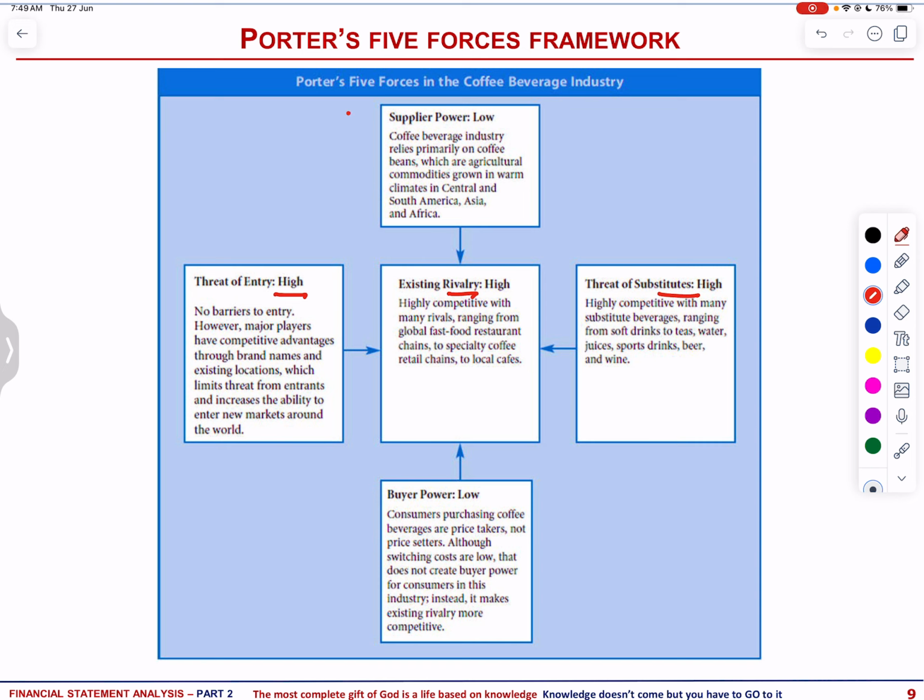The remaining two forces, buyer power and supplier power, address vertical competition from suppliers to buyers through existing firms. We will discuss these forces within the context of the coffee beverage industry.